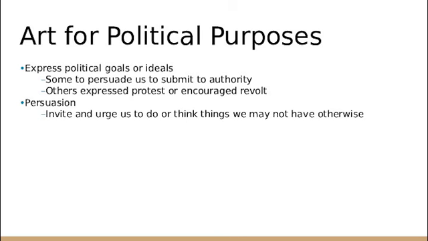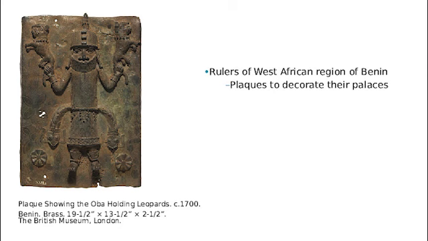So an example of this is one of many plaques showing the Oba holding leopards. It's basically the rulers of the West African region of Benin used these plaques, hundreds of them, to decorate their palaces.